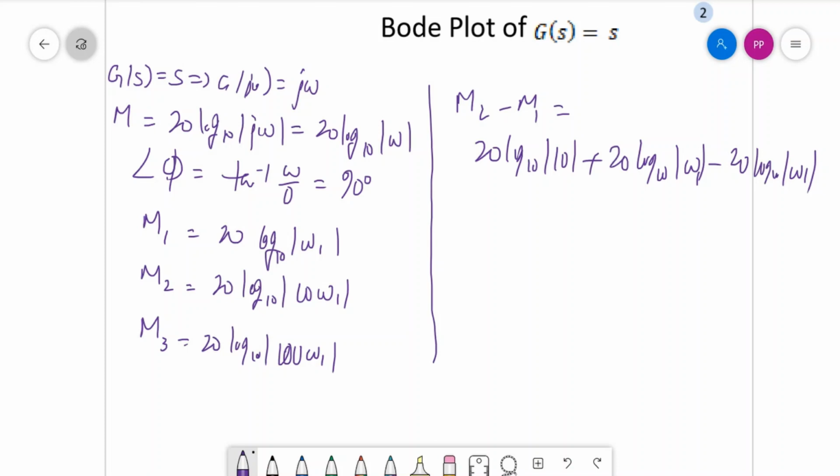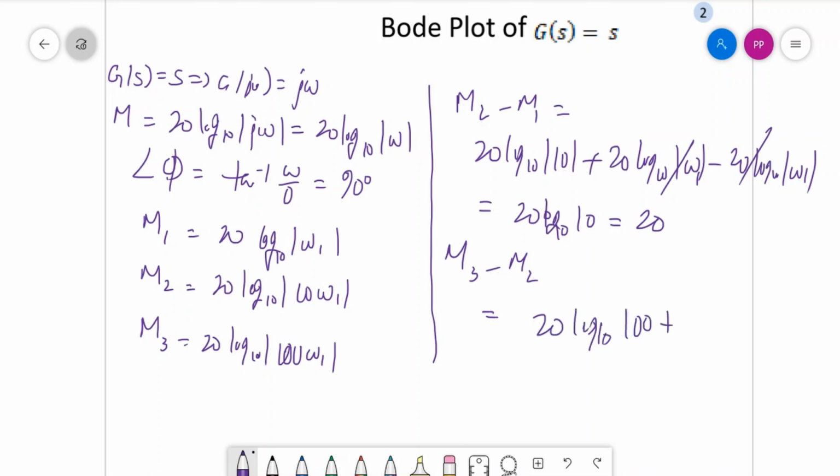So this is also ω1. So this is equal to 20 log base 10 of 10. This is equal to 20, because these two terms will cancel out. Similarly, M3 minus M2 will become 20 log base 10 of 100 plus 20 log base 10 of mod ω, minus 20 log base 10 of 10 minus 20 log base 10 of ω.